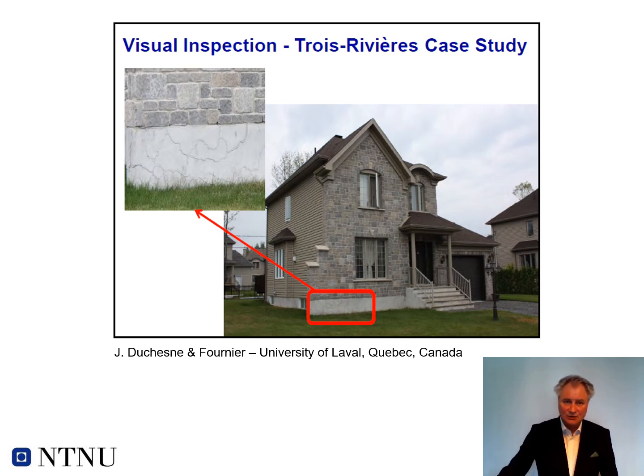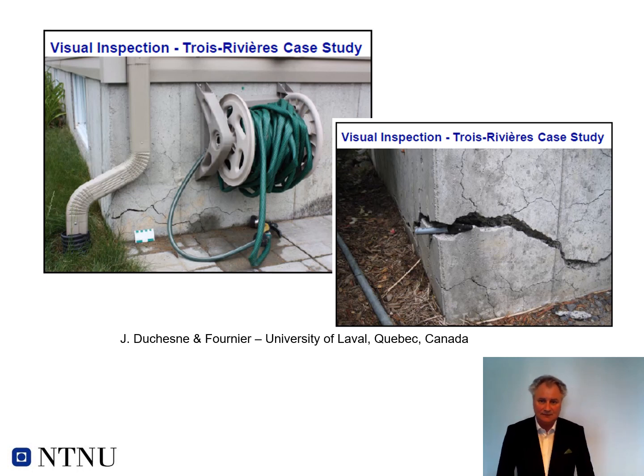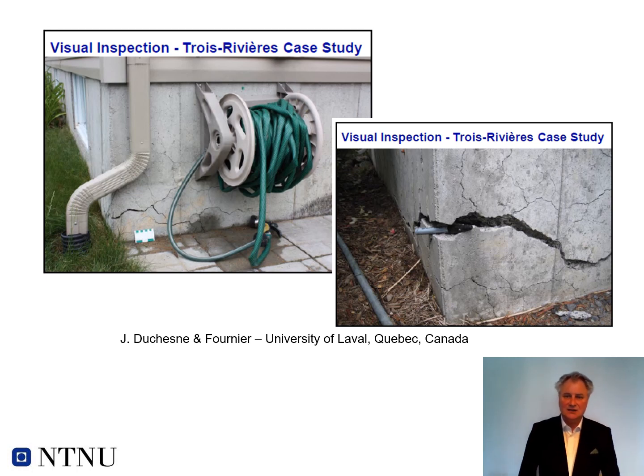And if you look closer, you see that up to the left the wall has started to crack. It could look similar to AAR. Closer up you see that the cracks are much bigger, and this is happening much faster. So it is a very serious reaction.